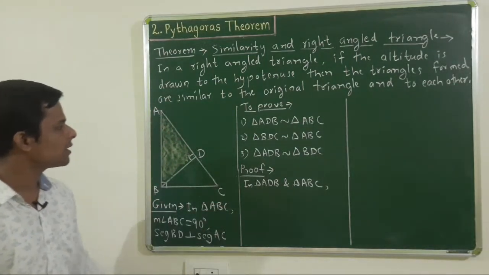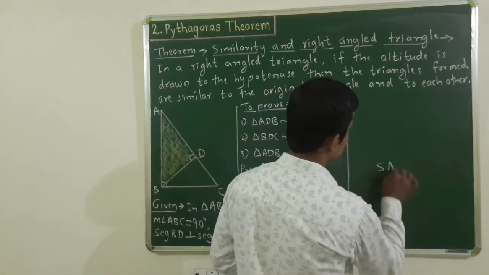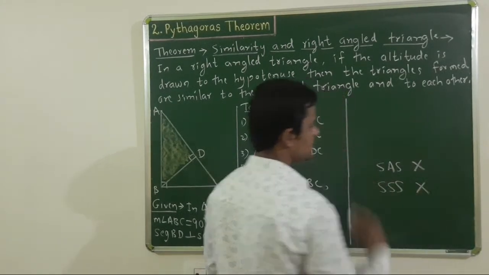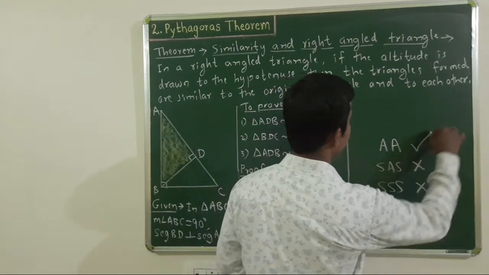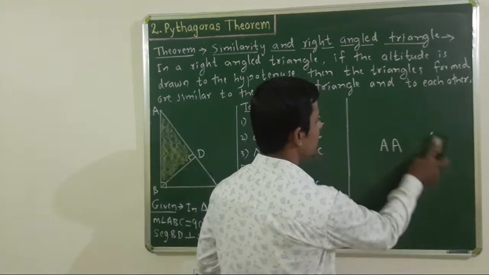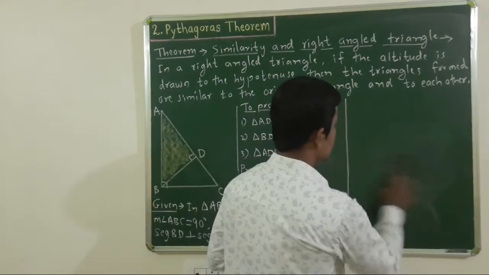What are the common parts? Nothing about sides is given, therefore we can't use the SAS test or the SSS test here. The remaining test is the AA test. But how? For that we want two pairs of corresponding angles as congruent.